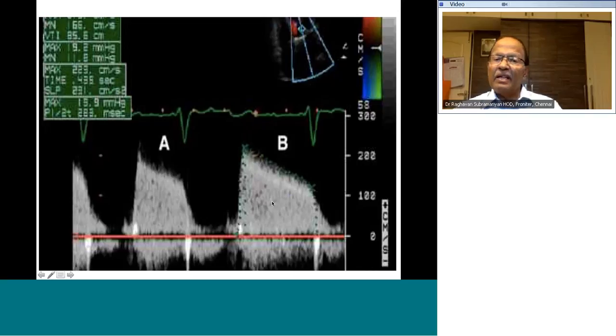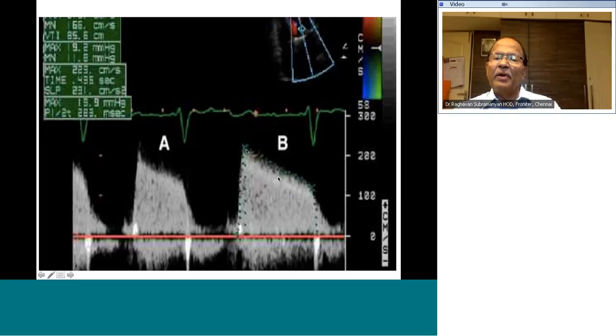Now, the other important finding you have to talk about is the rate at which the velocity is coming down. This slope, what is the slope called? Somebody type quickly. No, the slope is not called a pressure half time. The slope is called the EF slope.